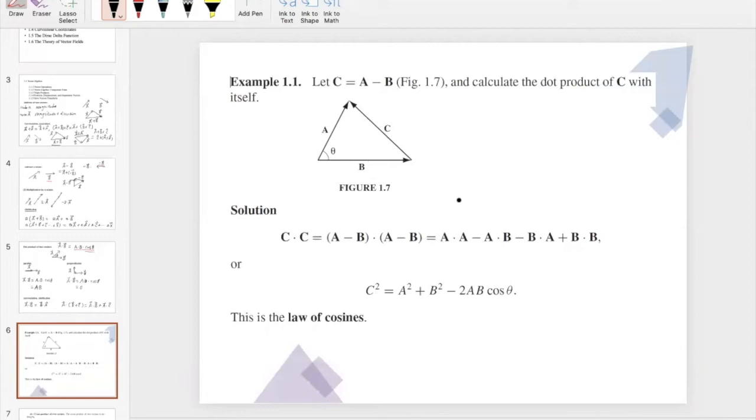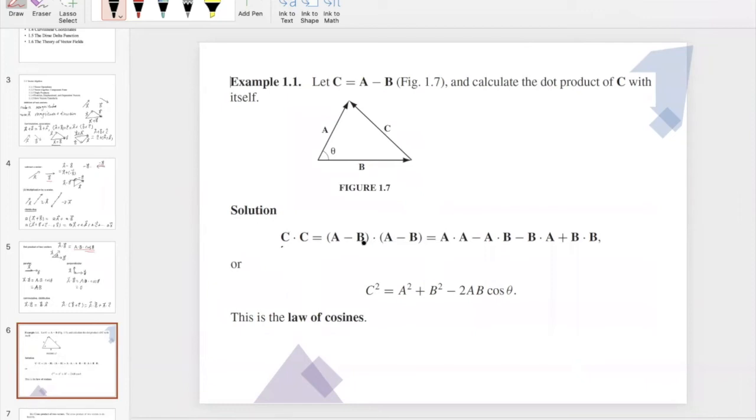Let's see. If you want to calculate the dot product of C and C itself, then you can write it here: C dot product C equals, because C equals A subtracted by B, A subtracted by B dot A subtracted by B. Then you can expand this.